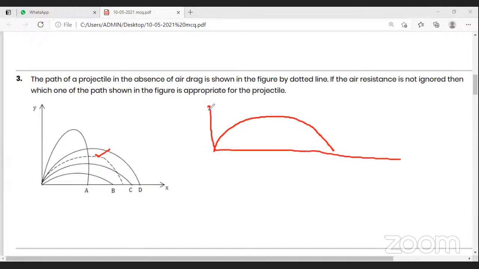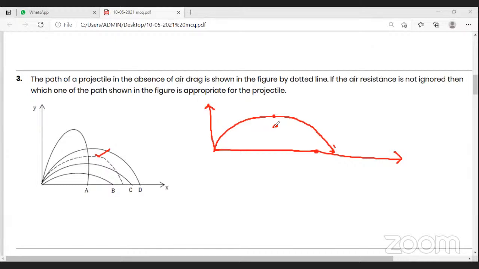It cannot reach that much height if air is present. So maximum height should definitely decrease. And also in the presence of air, there is an opposing force on the horizontal motion also. Range also will decrease. Range should be decreased and also height should be decreased.